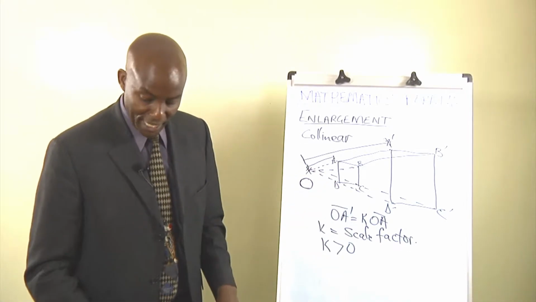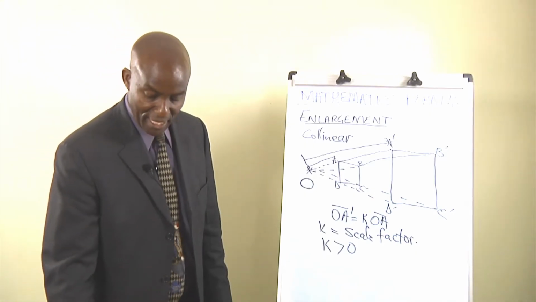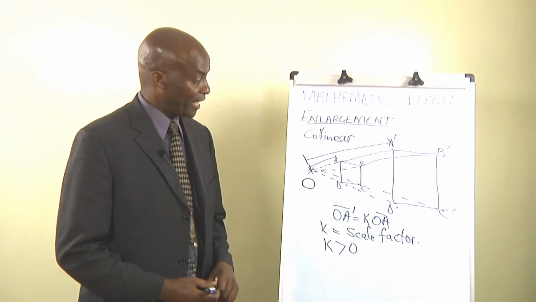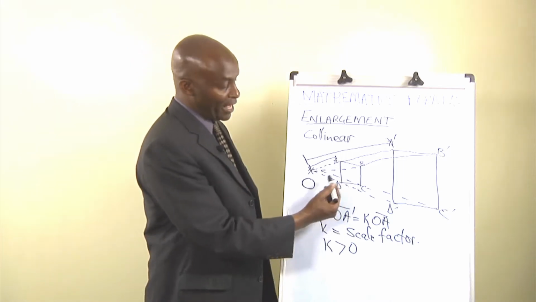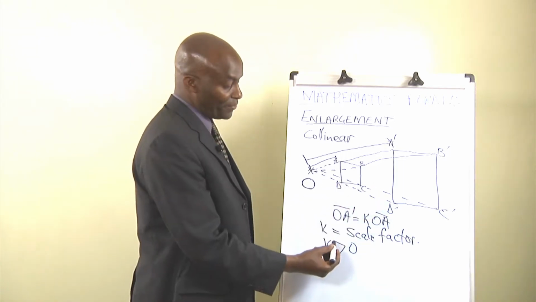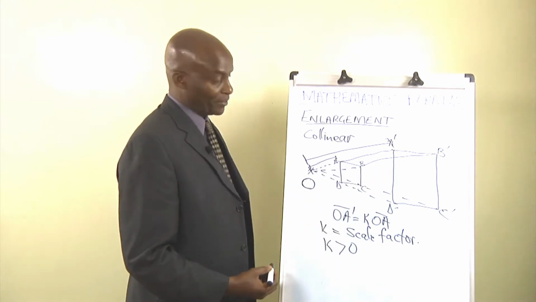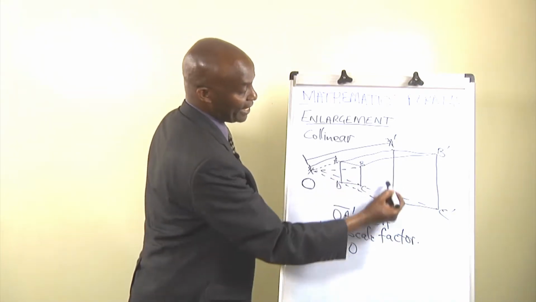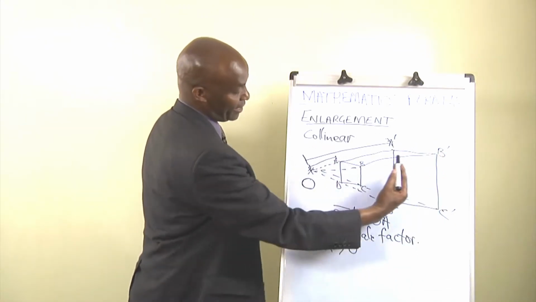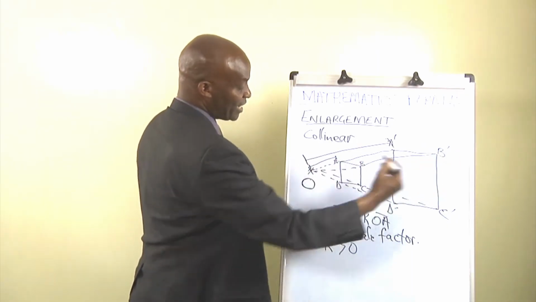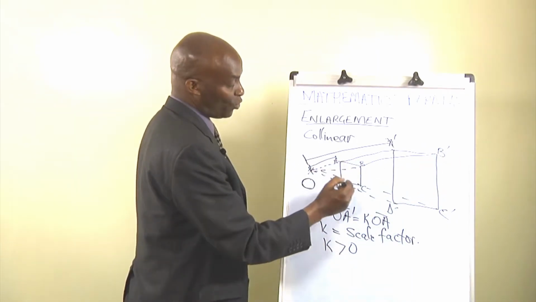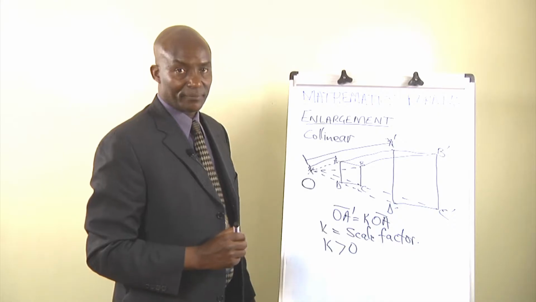You can see in our diagram that K is greater than 0. Our K is 2, and therefore the image is on the same side, to the right of the center of enlargement, so also is the object.